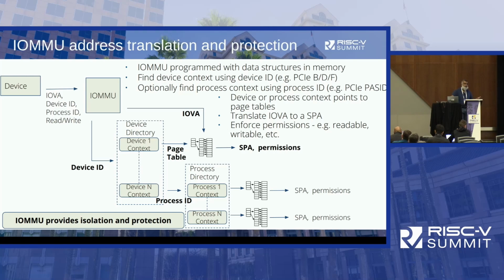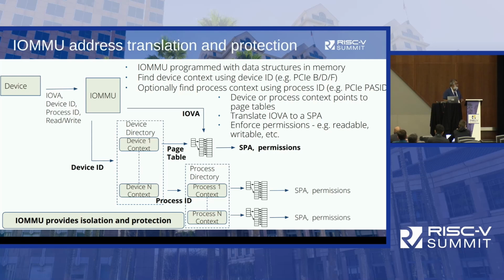But unlike a CPU MMU that is always operating on a single context at a time, it gets context switched as applications are context switched. An IOMMU needs to deal with multiple contexts concurrently because multiple I/O devices might be accessing memory in an interleaved manner.